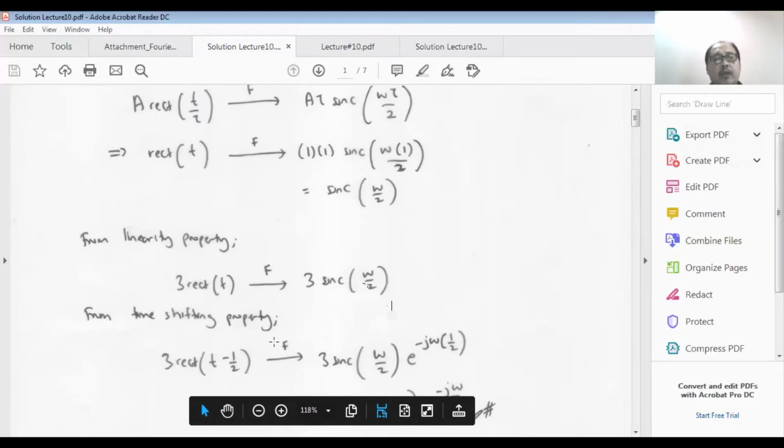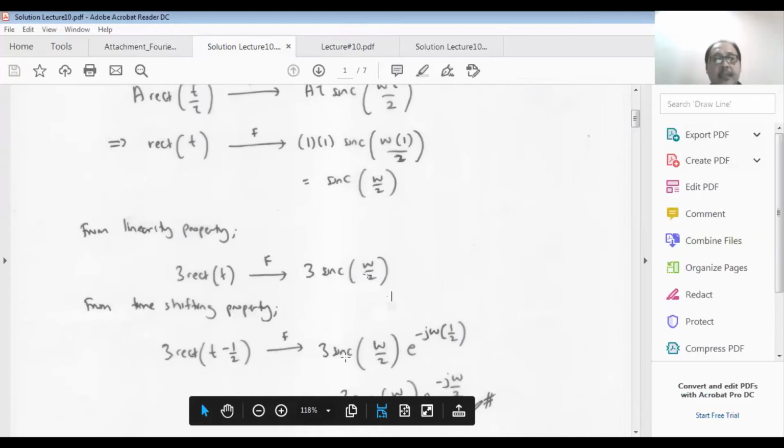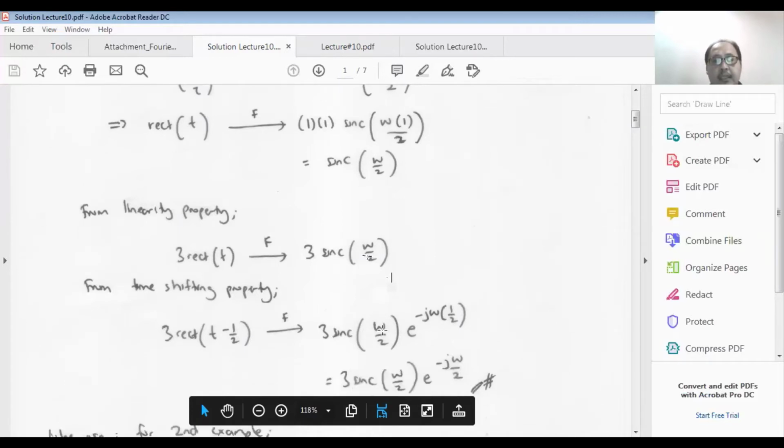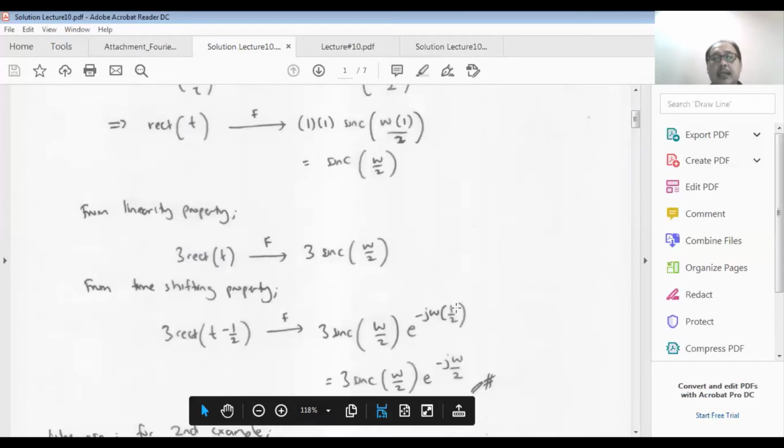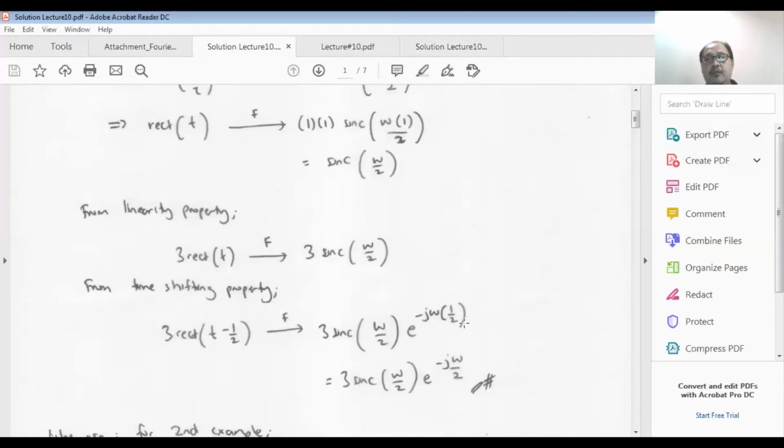Now, the next property to be considered is time shifting. We have 3 rect(t minus half), so its Fourier transform will be 3 sinc of omega divided by 2, multiplied with exponential of negative j omega half. You can refer to the time shifting property that I taught you just now.